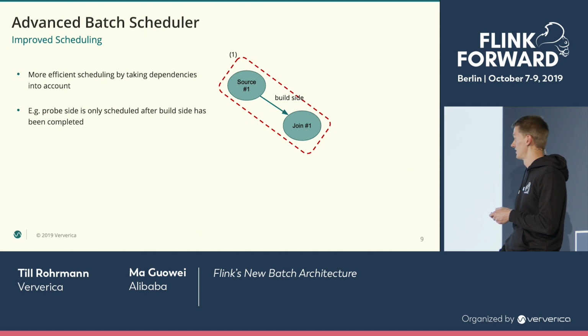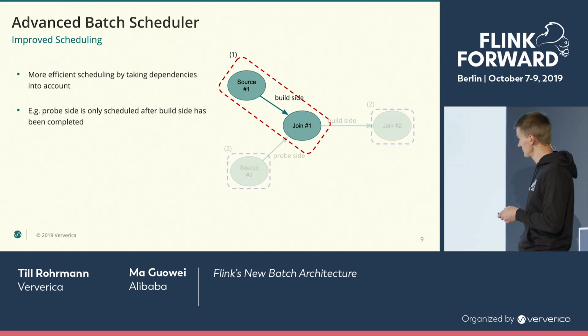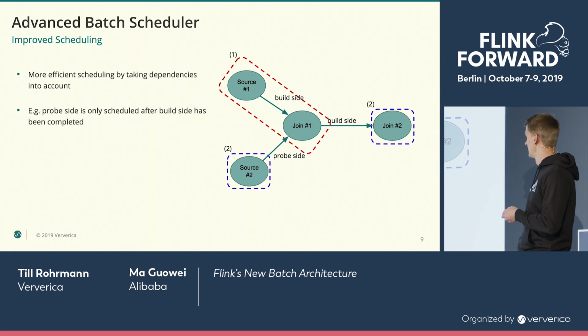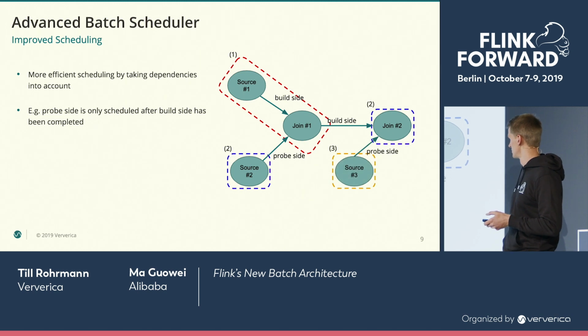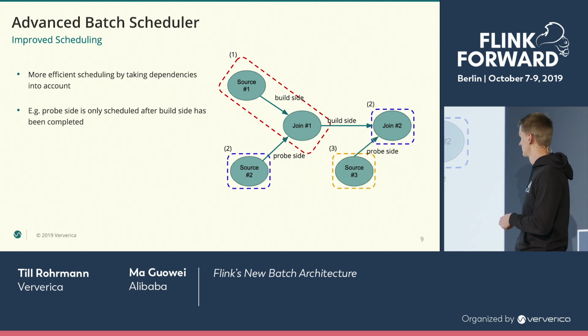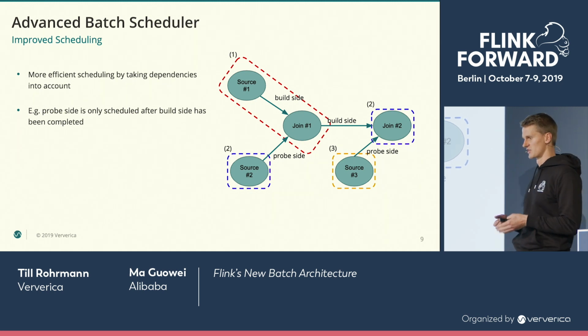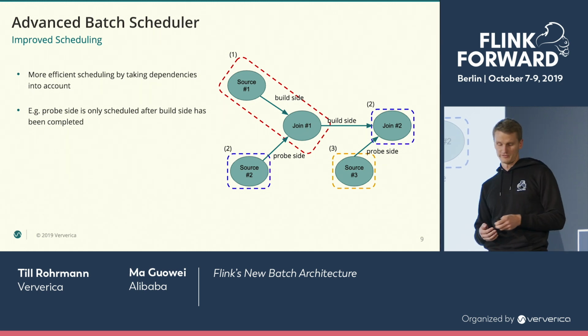After the source has been finished, we can schedule the second source operator, which represents the probe side, and right away also schedule the second join operator, which takes the input from the first join operator as its build side again. And last but not least, we would schedule the third source after the first join operator finished. That would be a kind of optimal scheduling strategy for this specific job graph.